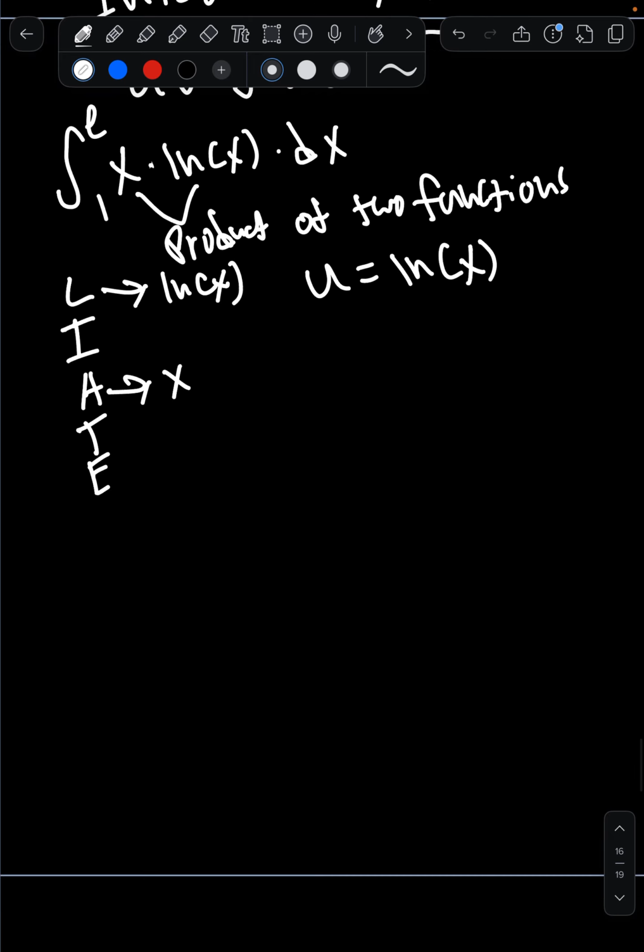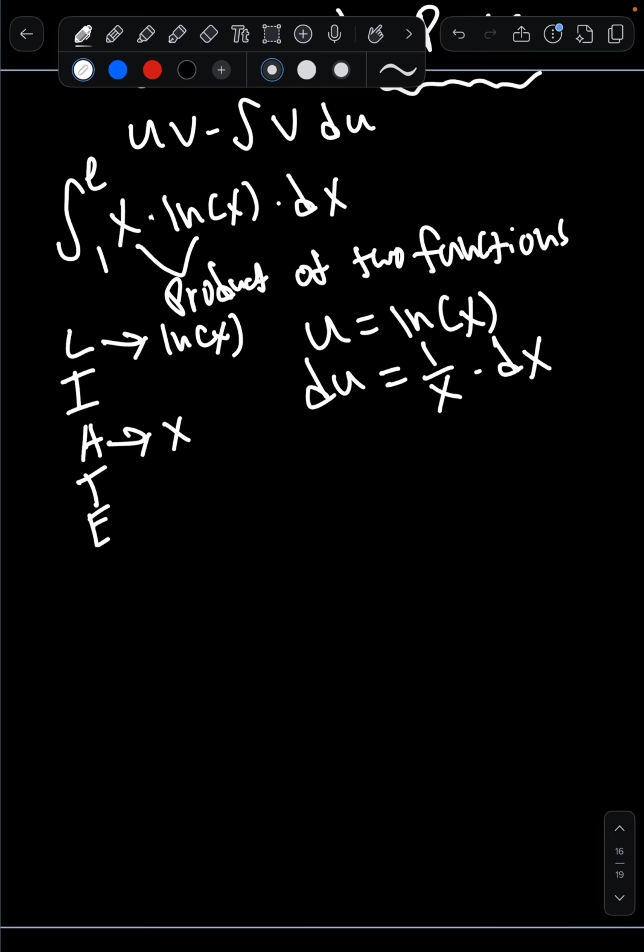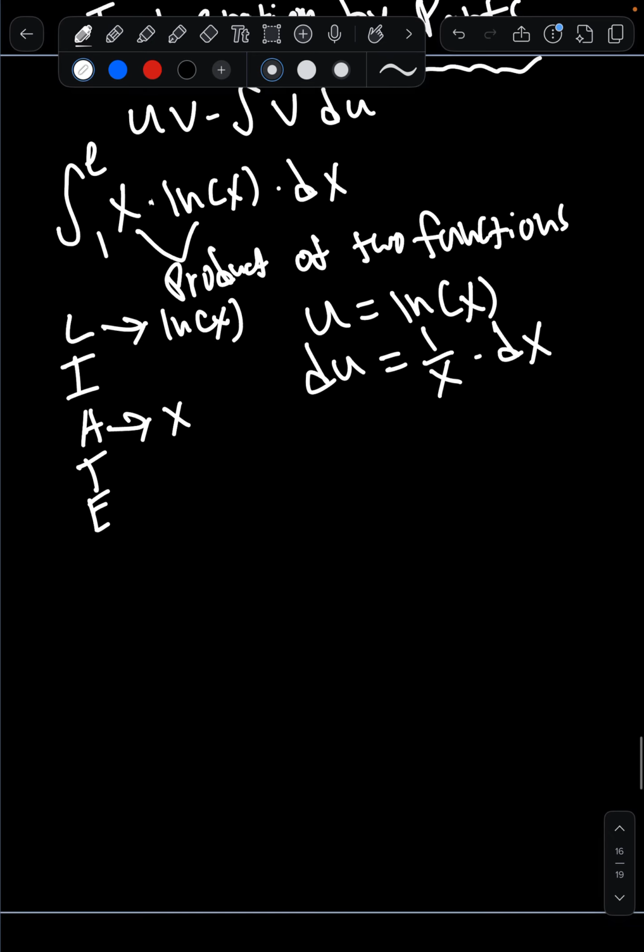Now we need to take the derivative of u, and we get 1 over x times dx. Now we have du. The last variable we need to substitute into our expression is v. Remember, we still have this x left over here, right?